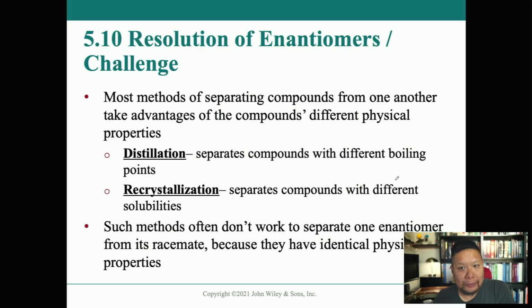But the problem with doing that kind of thing with enantiomers or racemic mixtures is that, remember, enantiomers have the same identical physical properties. So how do we do it? And obviously when they had thalidomide, they didn't do a really good job, because people were getting birth defects. Babies were having birth defects from moms that were taking the thalidomide.